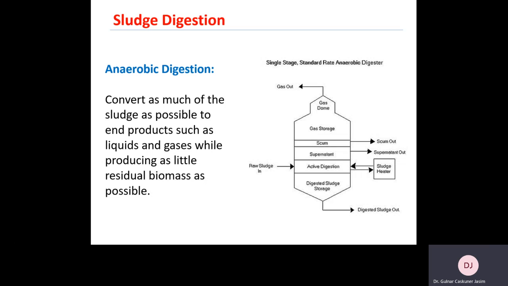So during the sludge digestion process, one of our missions is to stabilize the sludge, but at the same time, we like to reduce the amount of sludge, because a very big amount of sludge is produced in the primary and secondary clarifiers, and how to dispose of it is a big problem. So by using anaerobic digestion, you will convert as much sludge as possible to liquid and gas form and reduce the amount of sludge.